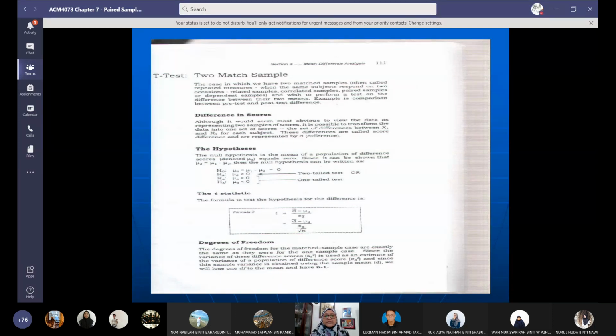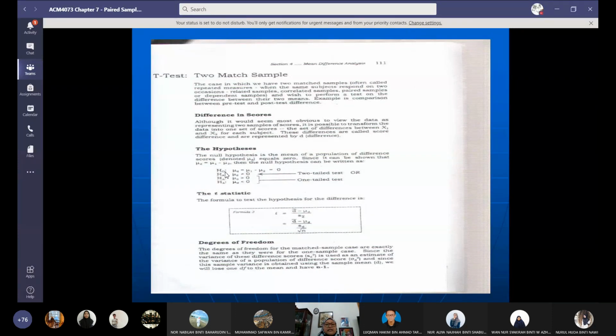The null hypothesis is that the mean of a population of difference scores, denoted by the symbol UD, equals 0. Since it can be shown that UD equals U1 minus U2, the null hypothesis can be written accordingly.